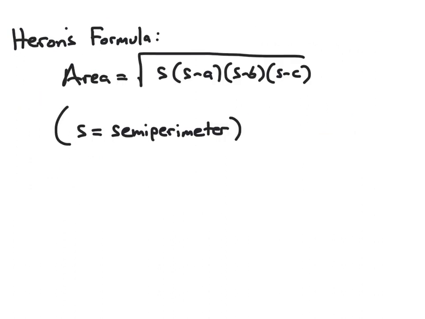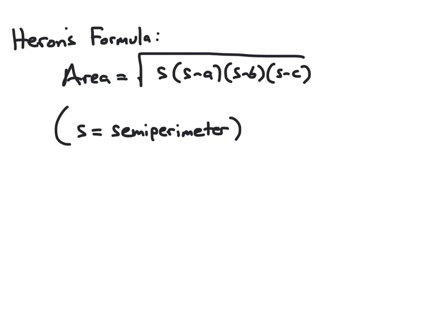The semi-perimeter can then be used to find the area of our triangle using Heron's Formula, shown here. The area will be the square root of S, the semi-perimeter, multiplied by S minus a, multiplied by S minus b, multiplied by S minus c. So inside the radical, what we're going to do is just multiply the semi-perimeter with the semi-perimeter minus each of our three side lengths.